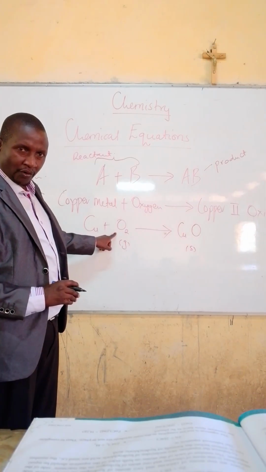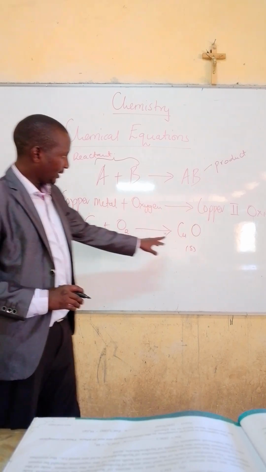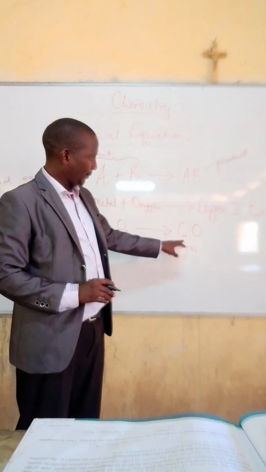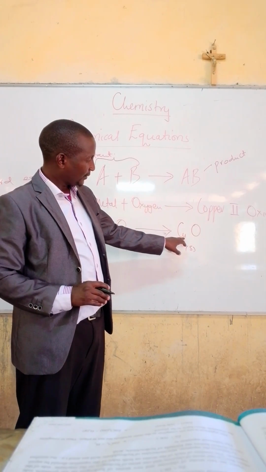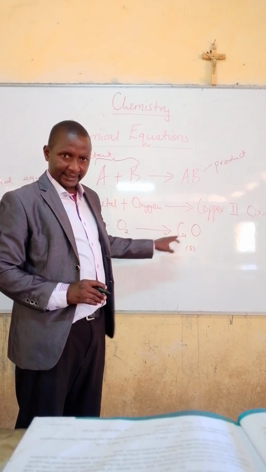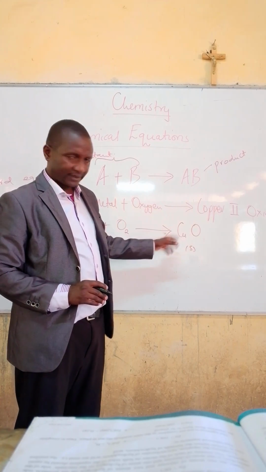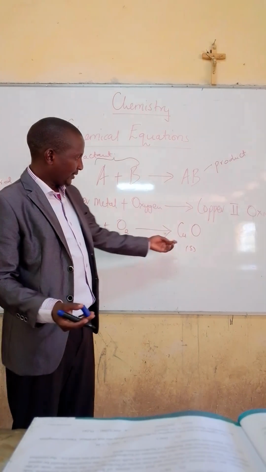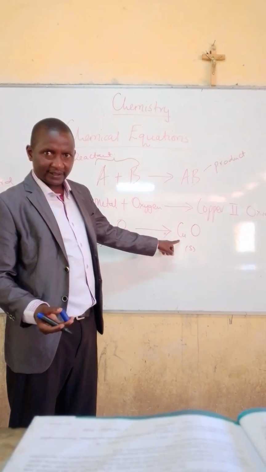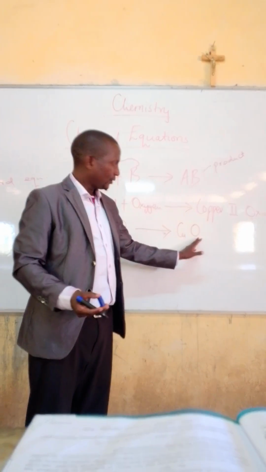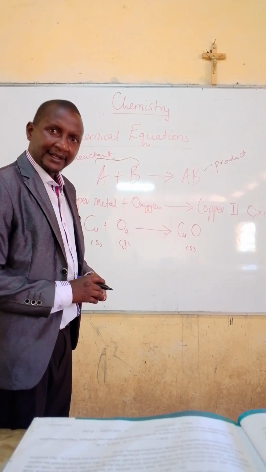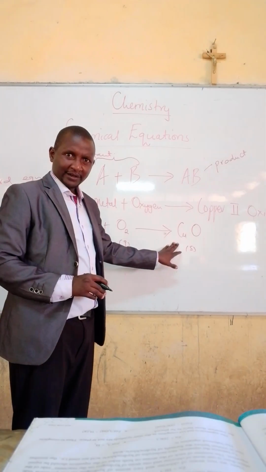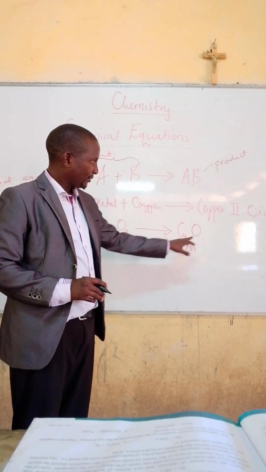Oxygen, O. Then copper 2 oxide, copper with valency 2. That is the formula of copper 2 oxide, after exchanging the valencies. Copper has valency 2, and oxygen has valency 2. So it is written Cu and O.